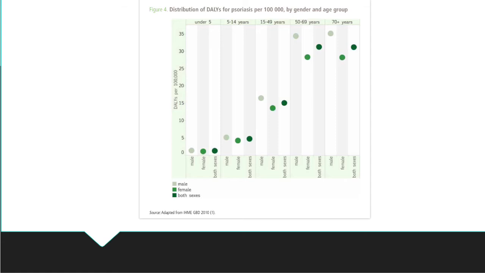So people who were diagnosed in the age category of 5 to 14 are still going to have it when they're in the 70 plus age group. And so the genders also tend to be relatively stable in their age ranges, and so that goes back with the other data where age and gender don't really have an influence on people who are getting the disease.